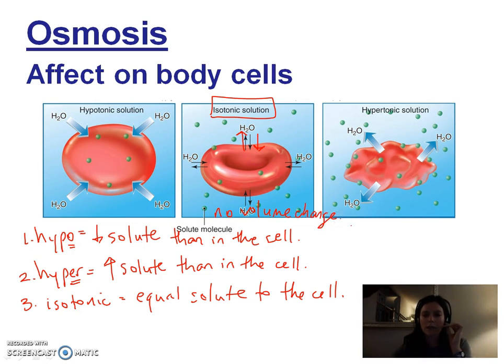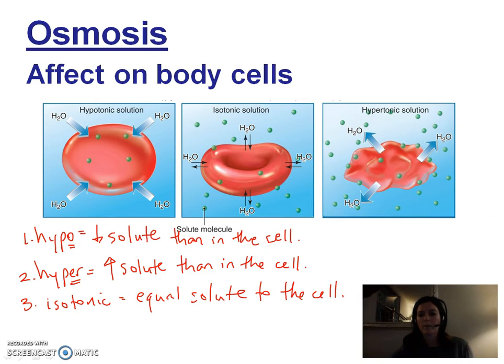Because there's an equal amount of solute inside and outside of the cell, the movement of water in and out of the cell through osmosis is going to be equal in both directions. So water moves out just as often as water moves in, and there's no volume change in that cell. Let me erase that again, because everything's getting a little busy.